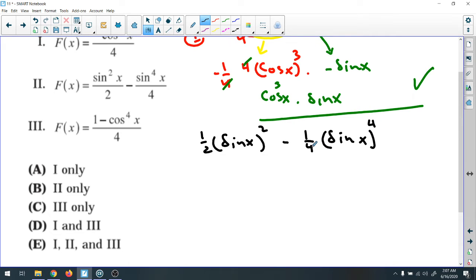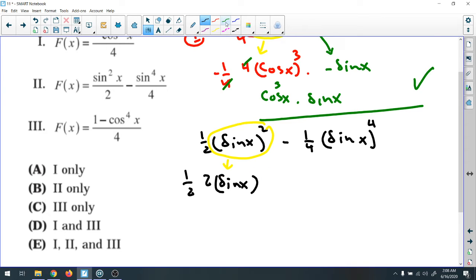When you do the derivative, now it will be easy. Apply the chain rule. First put down a half, and then deal with the power: drop 2, keep the function, and do the derivative inside, sine x.